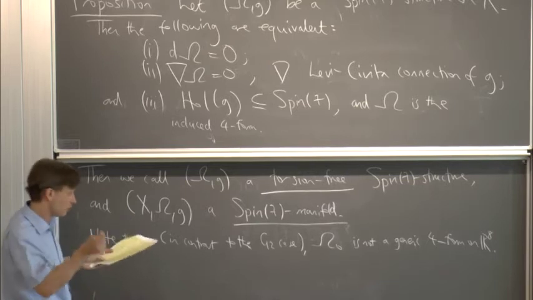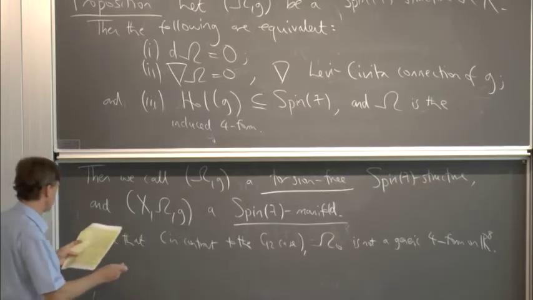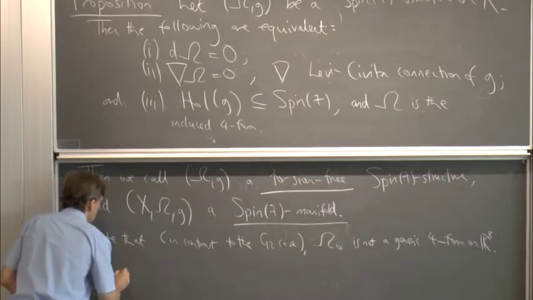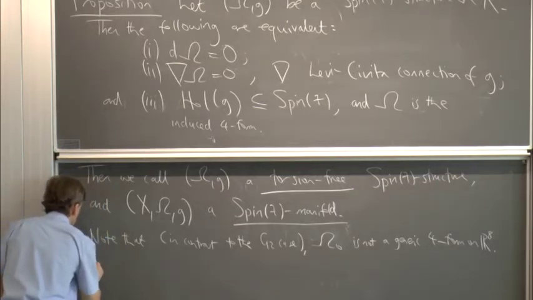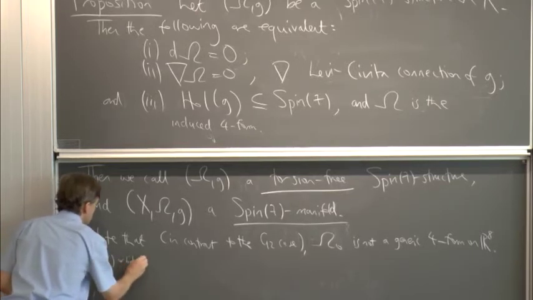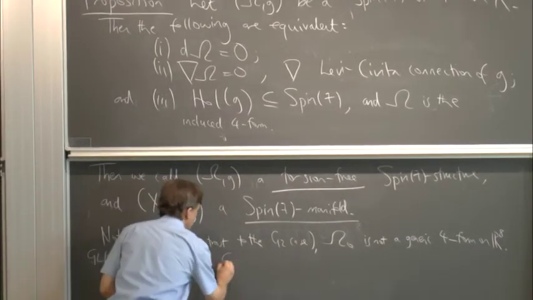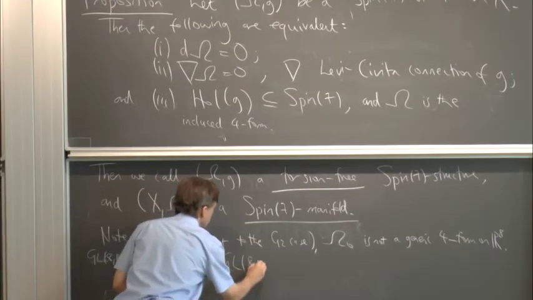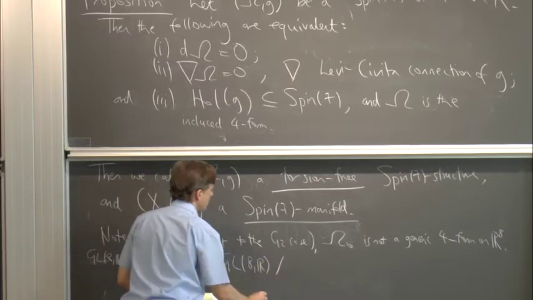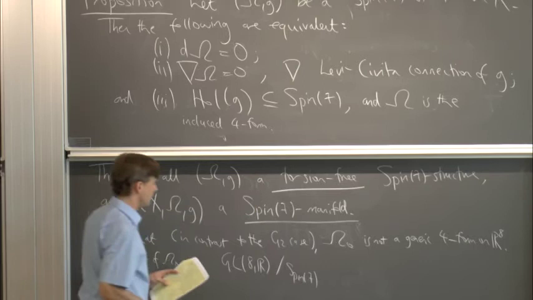So we can do a kind of back of the envelope calculation just in dimensions. The GL(8,R) orbit of Ω0 is GL(8,R) divided by Spin(7).